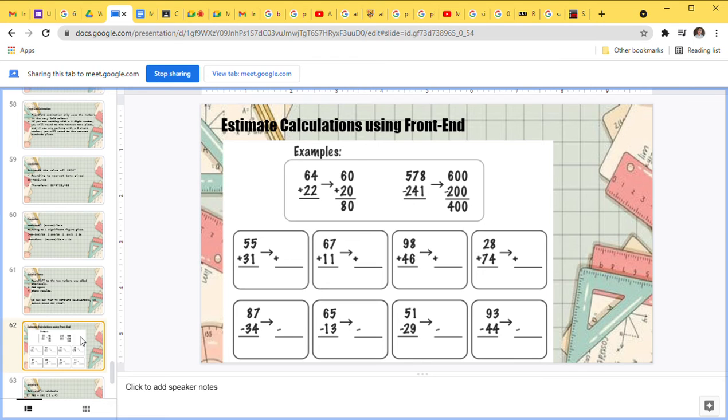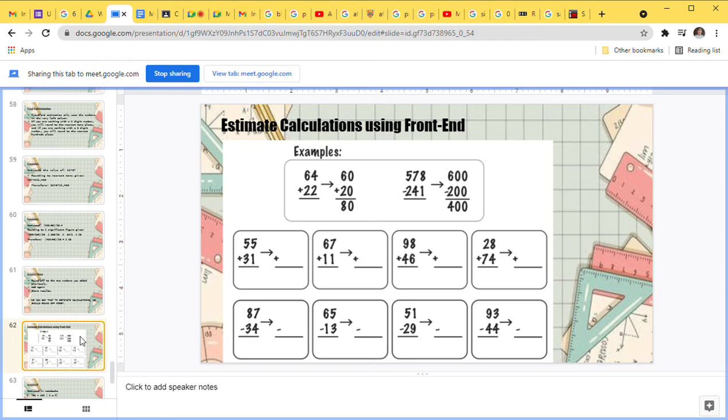In this and the bottom ones we just have subtraction. If we round off 87, what do we have? 90. And if we round off 34? 30. If we do the calculation now, 90 minus 30, we have 60. Very good. Now we move to 65 and 13.